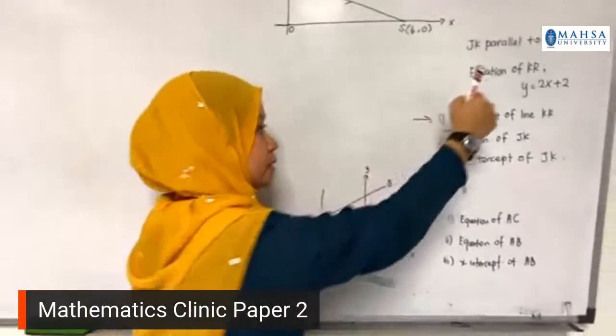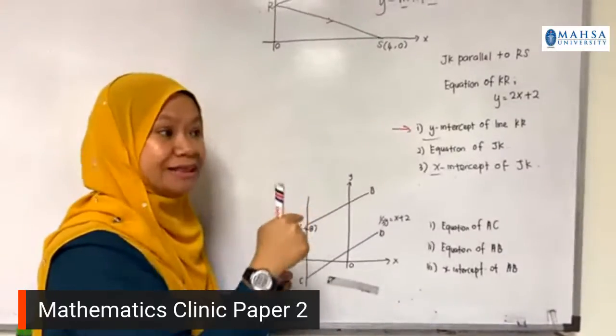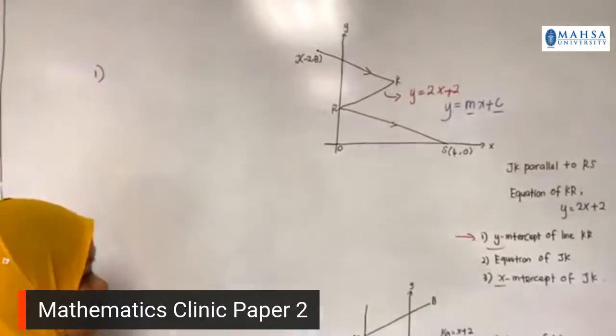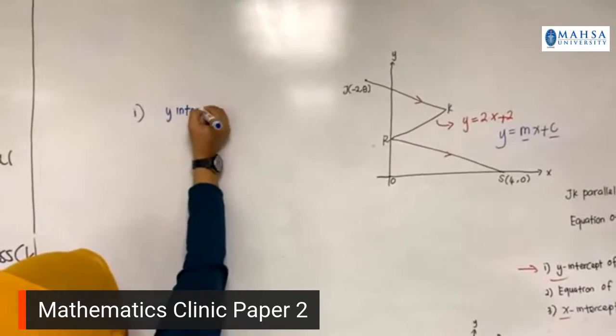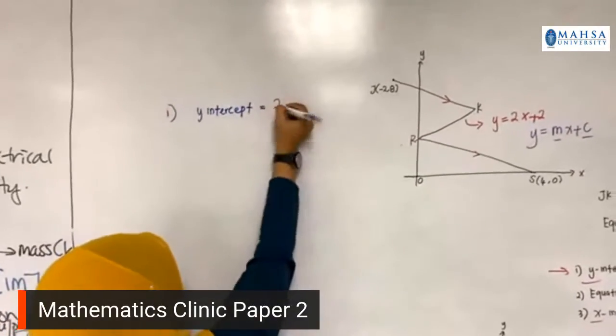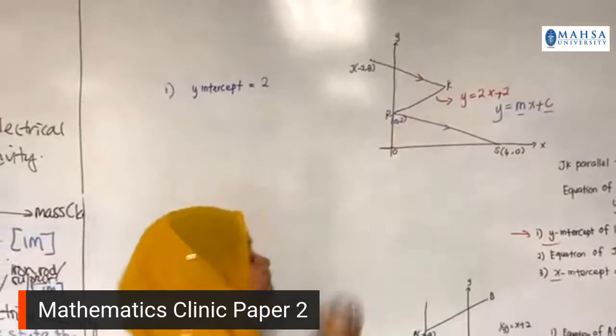From the equation given, the y-intercept is already given. So for the first question, the answer is y-intercept equal to 2, which is the point (0, 2).